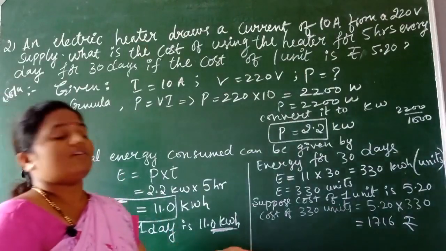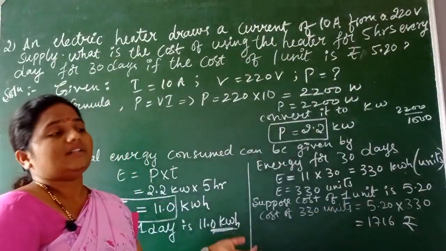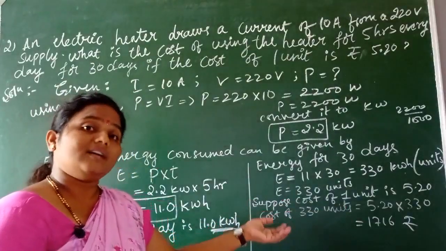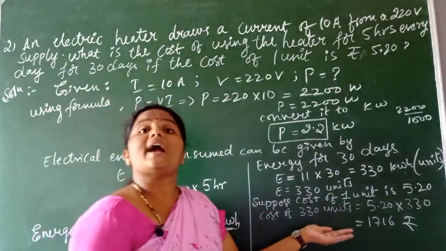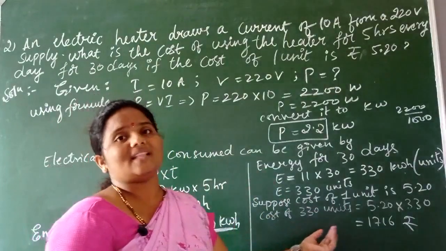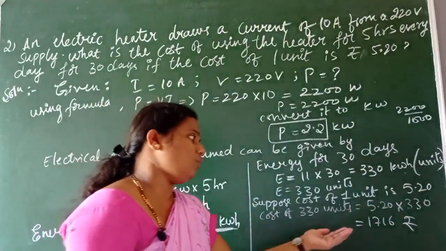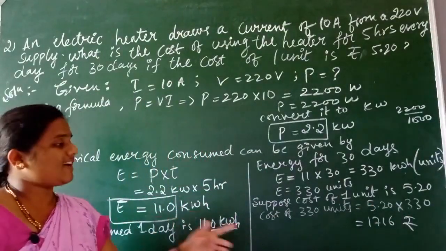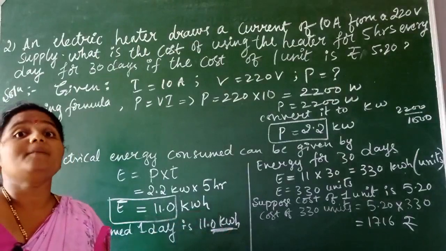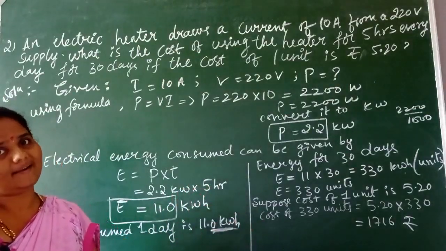Calculate how many units you have used for the 30 days. First you have to calculate that, and after obtaining it multiply it with the cost, children. Definitely you will get the cost of electricity for the 30 days of units.